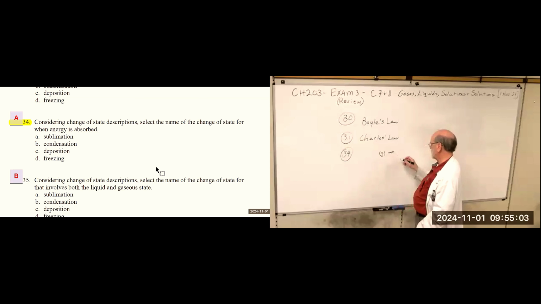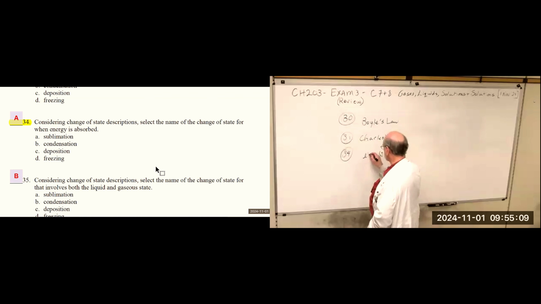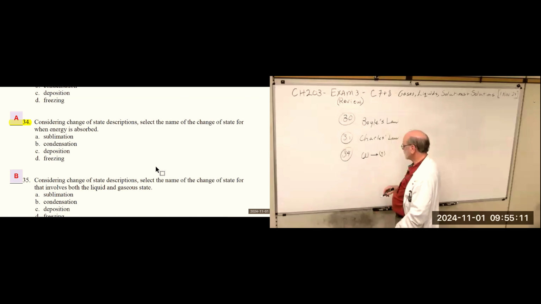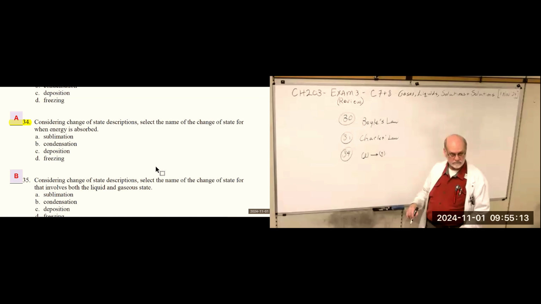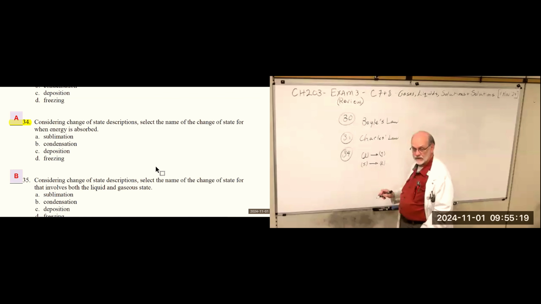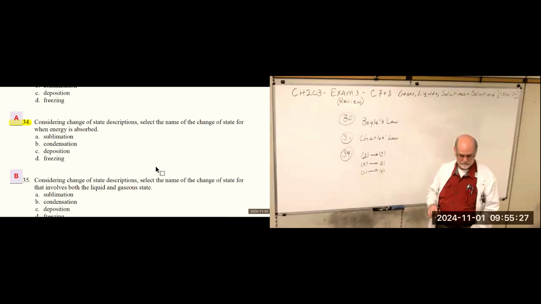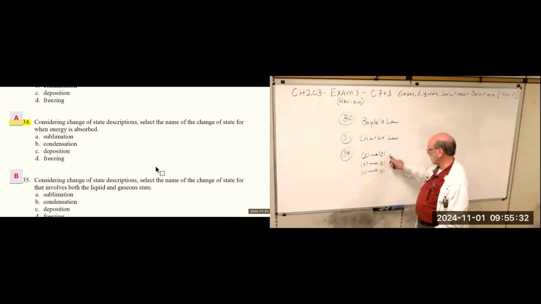When you go from a liquid to a gas, you have to absorb energy. If you go from a solid to a liquid, you have to absorb energy. Or if you go from a solid to a gas, you have to absorb energy. This one is called what?